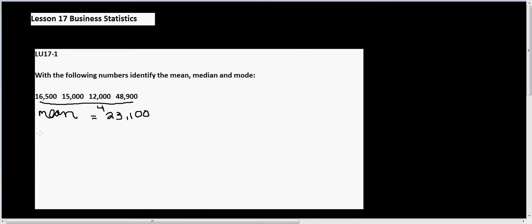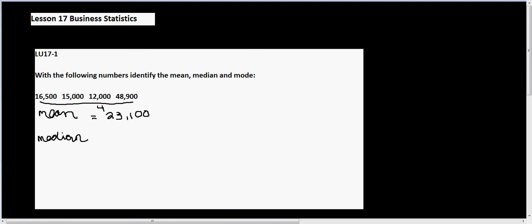Okay, median. What is a median? The median is the middle value of each of the data items. So what you're going to do first is rearrange the data from lowest to highest. You would start with 12,000 as the lowest.